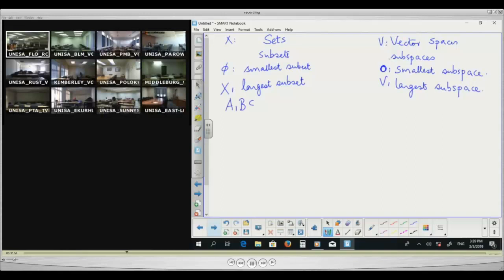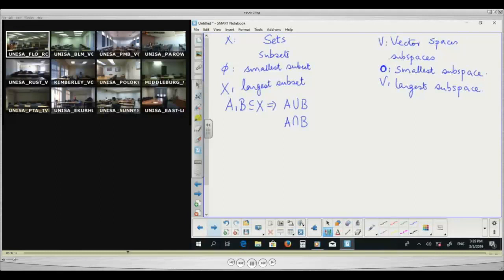P, Q are subsets. Now, let me use this symbol. I shall be using this symbol Sub(V) to denote the set of all vector subspaces of V. Okay?